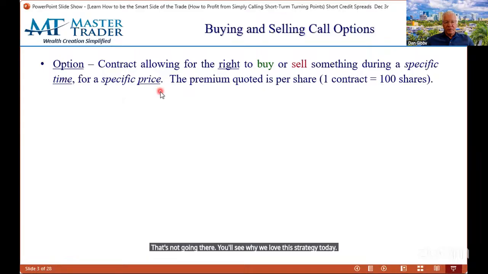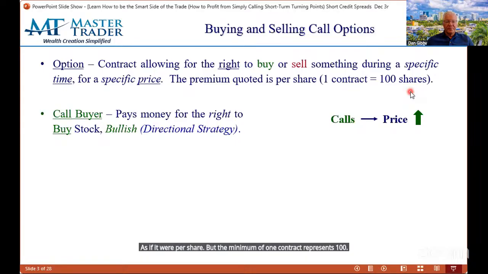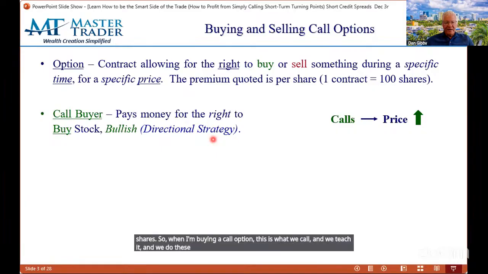And that's for specific price. That's the strike price. The premium on the option table is quoted as if it were per share, but the minimum of one contract represents 100 shares. So when I'm buying a call option, this is what we call, and we teach it and we do these, and it's a great strategy, but that's a directional strategy.